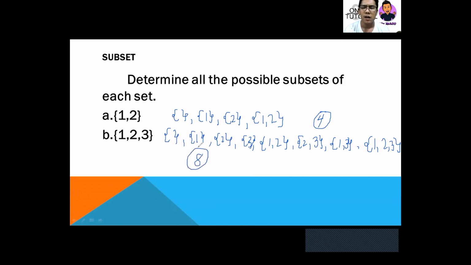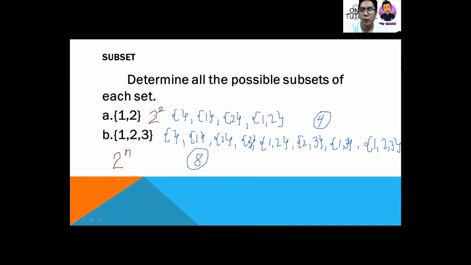So how would we determine the number of subsets? The formula is 2 raised to n, where n is the number of elements. For example, for letter A, we have 2 raised to n, where we have 2 elements.